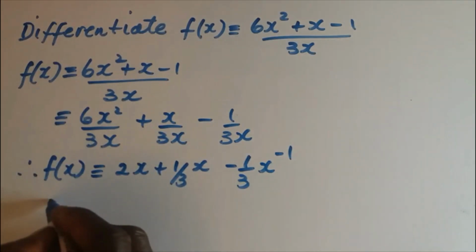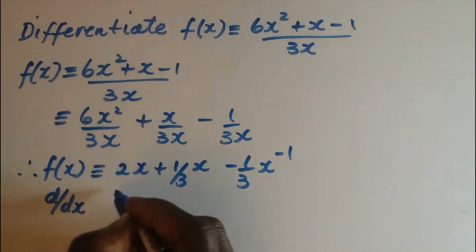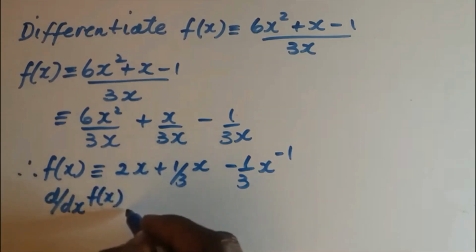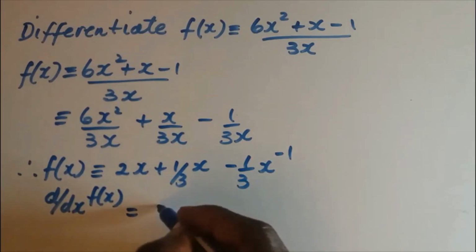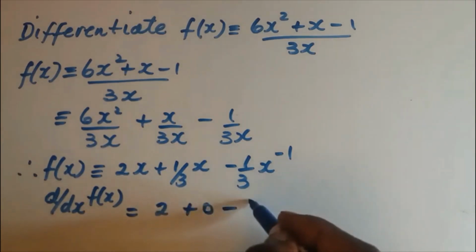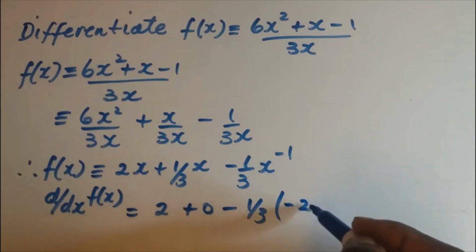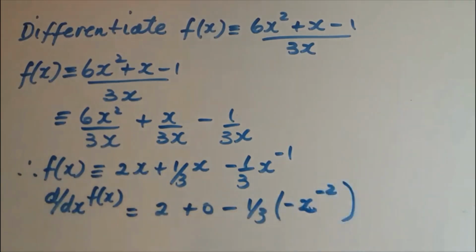So the derivative of f of x is equal to 2 add 0 minus a third brackets minus x to the minus 2, which gives us the final result of 2 add a third, or 1 over 3x squared.